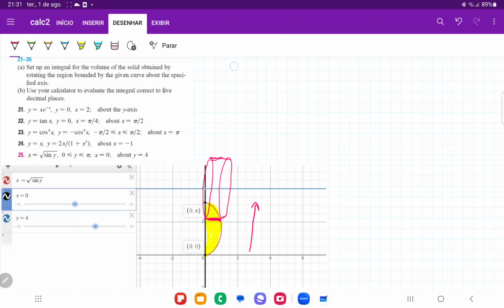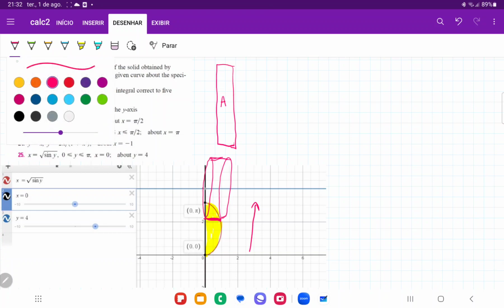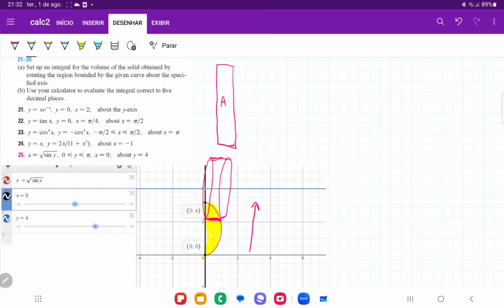These cylinders, we can think about unwrapping them as we would an infinitely thin sheet of paper that got wrapped around the line y is equal to 4. This sheet has an area, and our volume is going to be the sum of all these areas.